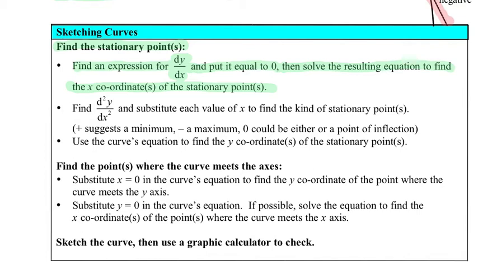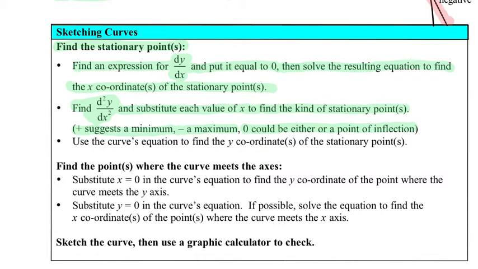To find out what type of stationary point it is, find the second derivative and substitute each value of x to find the kind of stationary point. Positive suggests a minimum, negative a maximum, and 0 could either be a point of inflection or either a maximum or minimum.